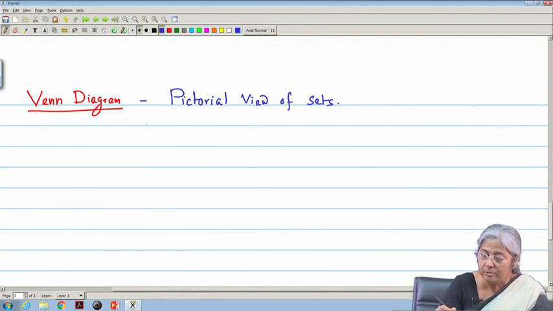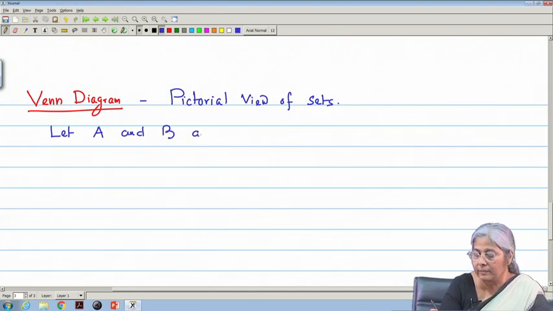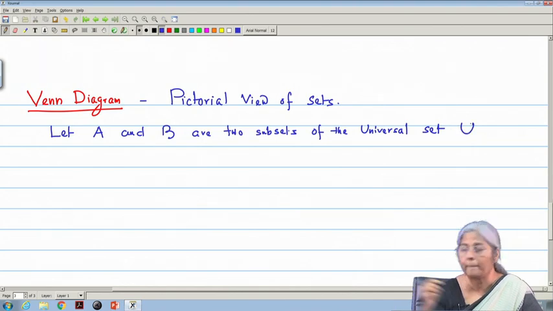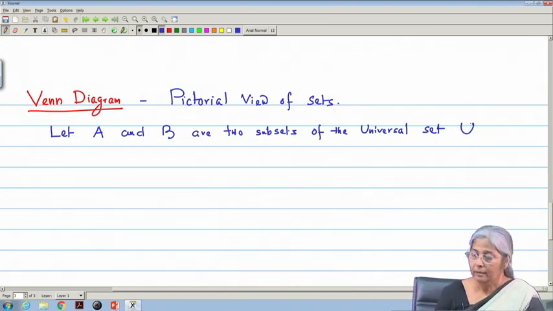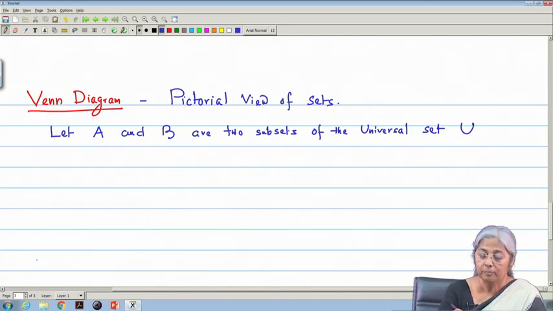So, let A and B be two subsets of the universal set U. Now, we have read binary operations.